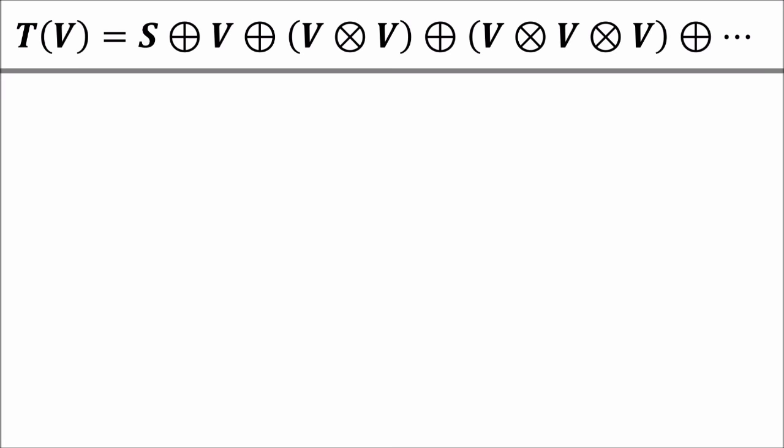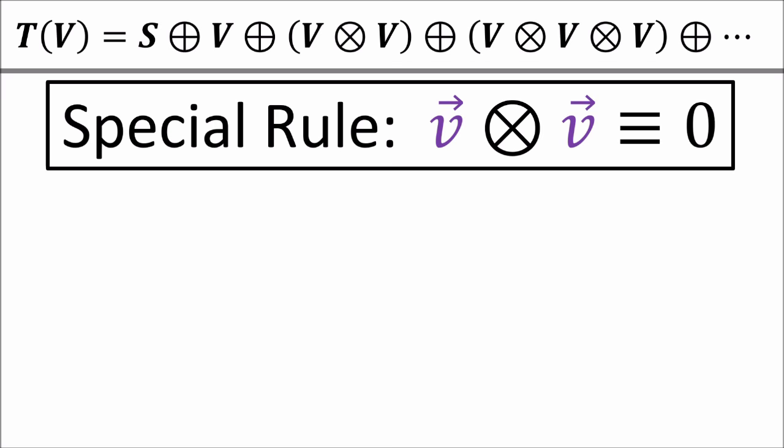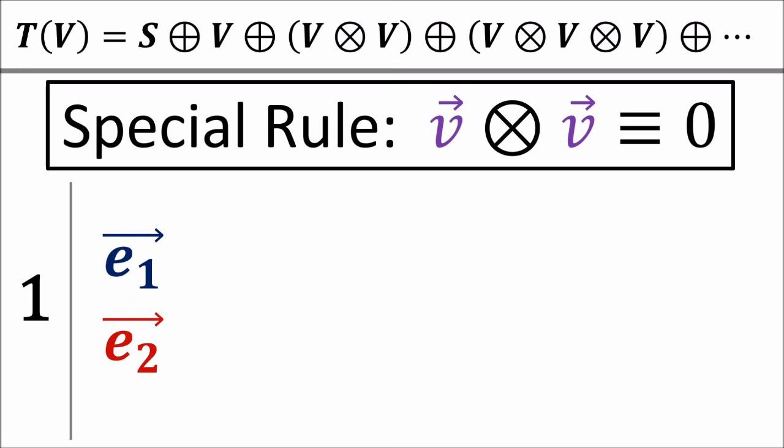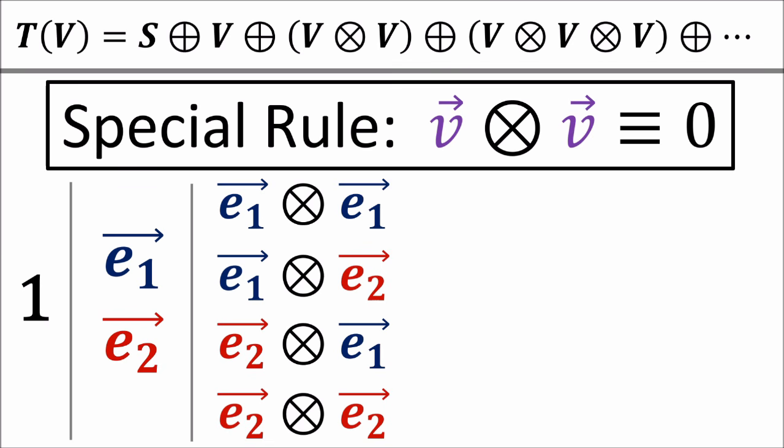Now let's try modifying our tensor algebra with a special rule. We're going to say that anytime we see a vector tensored with itself, it will go to 0. This leaves scalars unchanged and also leaves individual vectors unchanged. But with tensor products of two vectors, e1 tensor e1 and e2 tensor e2 now get sent to 0.